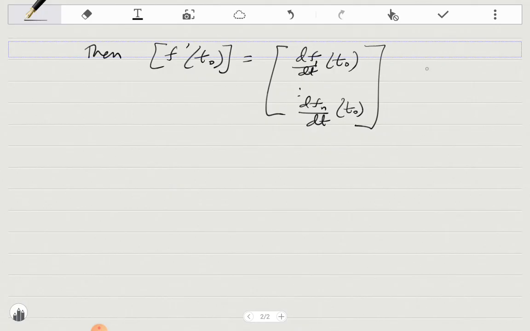I leave it as a small exercise for you to check this. In other words, you start with this linear transformation given by this column vector, plug it into the definition of derivative and check that everything works out.